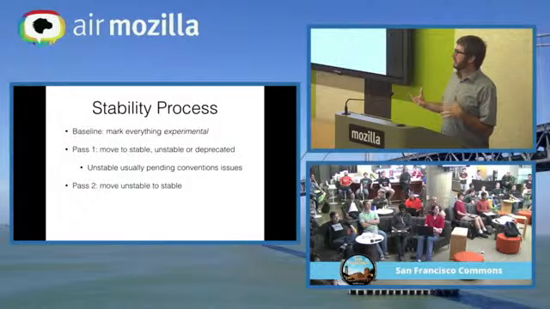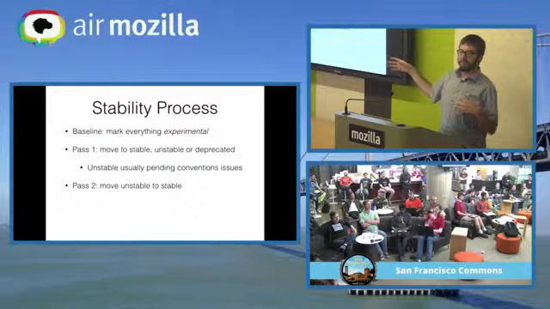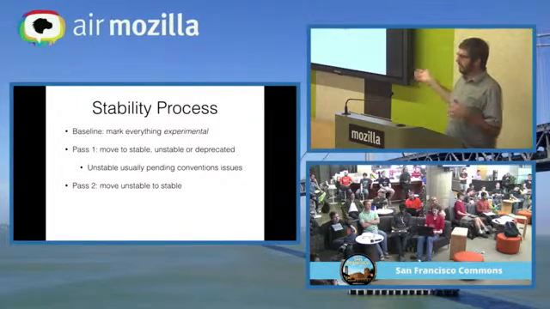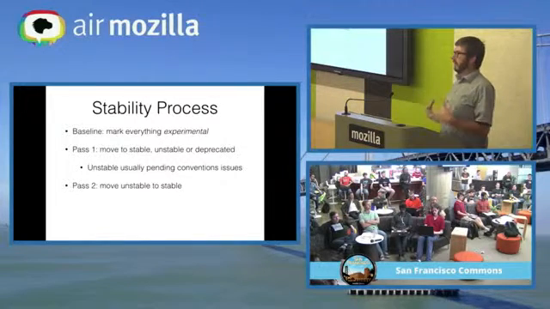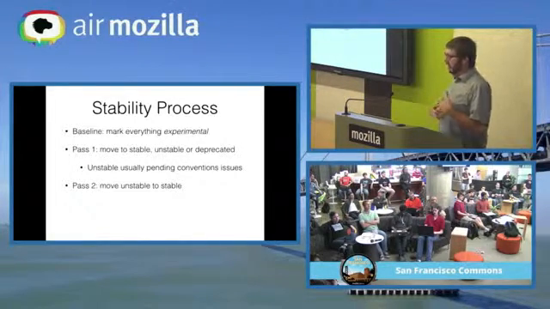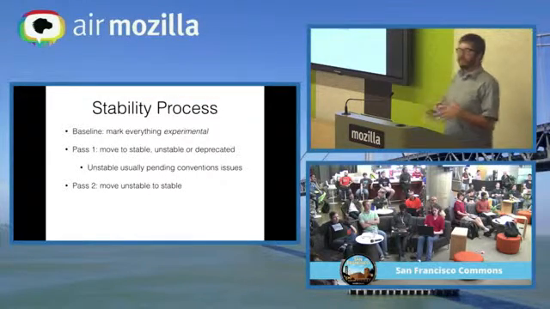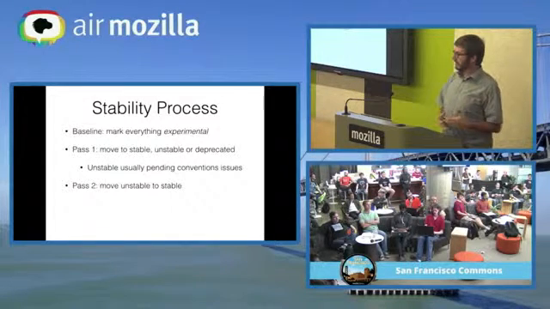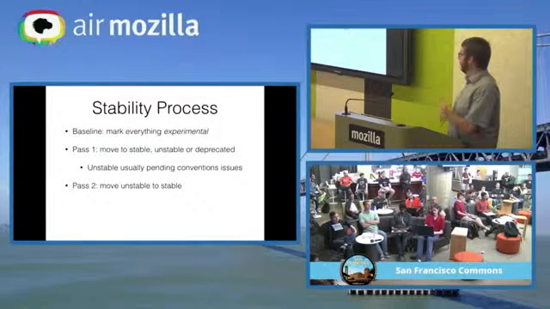So the way we've been doing this is we started by marking everything experimental across the board. So we start by making no promises whatsoever. And then we're taking a first pass where we're just getting a look as a group at what the APIs are, not marking a whole lot stable right away. In a lot of cases, we find conventions issues and other things that we need to work out, and so we're not quite ready to stabilize, but we're trying to mark things at least unstable or in some cases deprecate them.